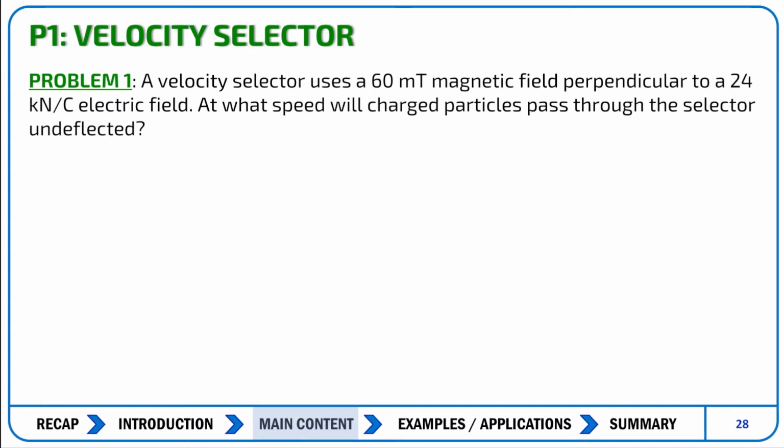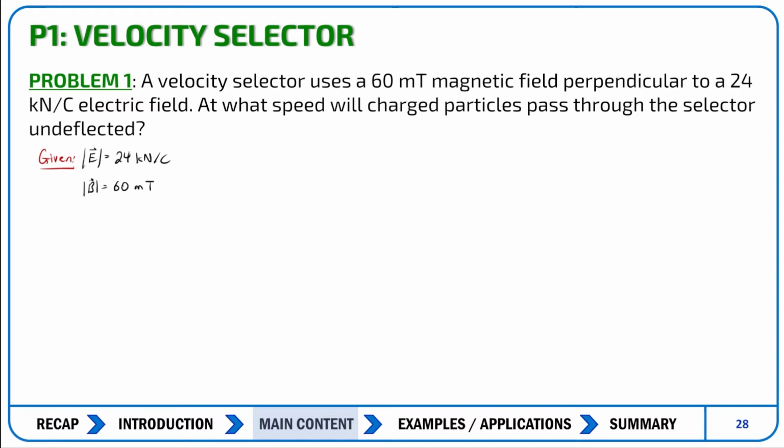So first of all, we should probably state our knowns. We know the magnitude of the electric field is 24 kilonewtons per coulomb. We know that the magnitude of the magnetic field is 60 millitesla.